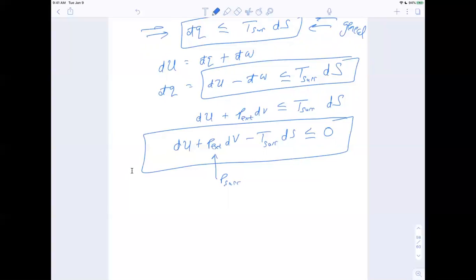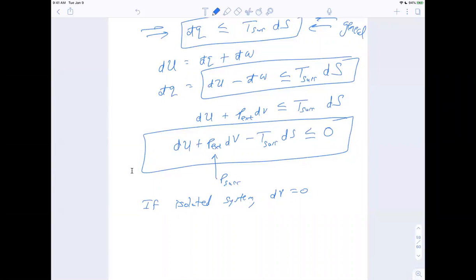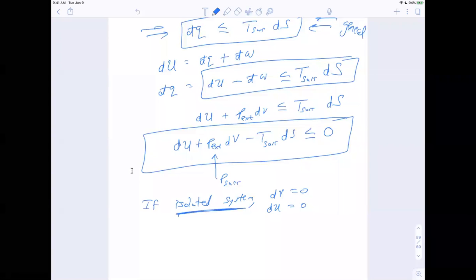Well, if we have an isolated system, we know that dV is equal to 0. We have something that has rigid boundaries. And we know that in an isolated system, energy is conserved. There is no change in energy. So dU is 0 for an isolated system.